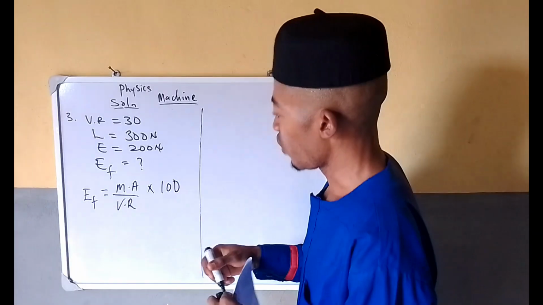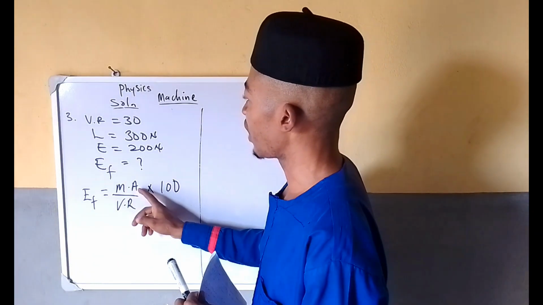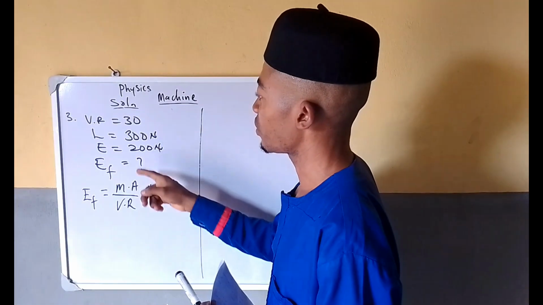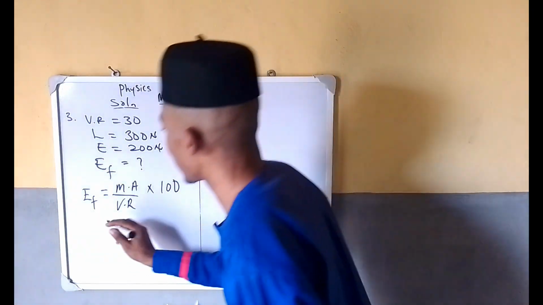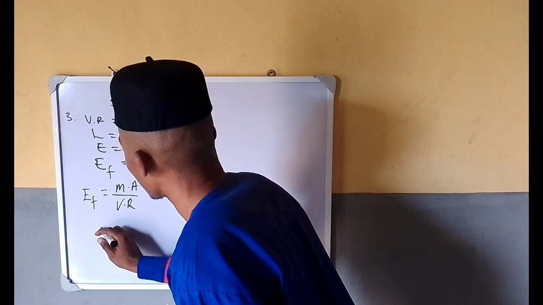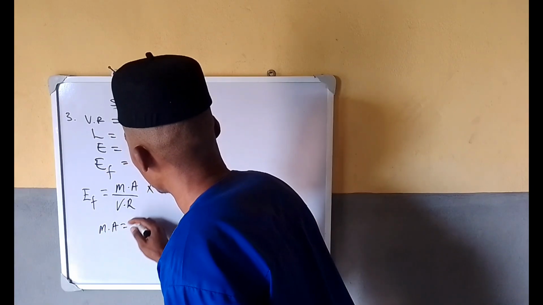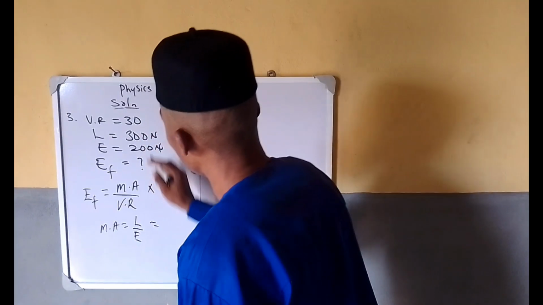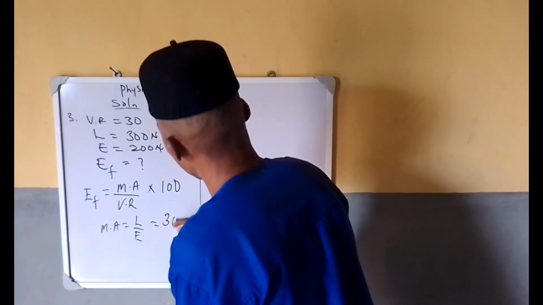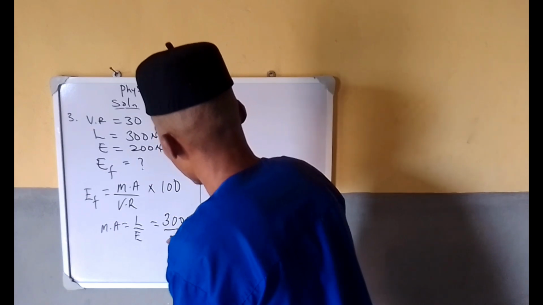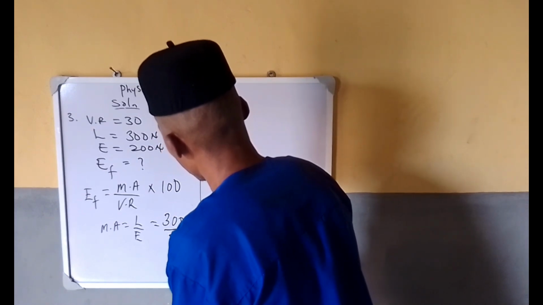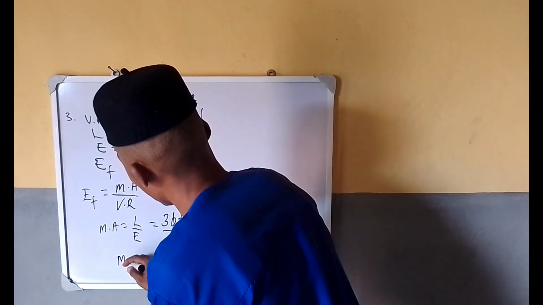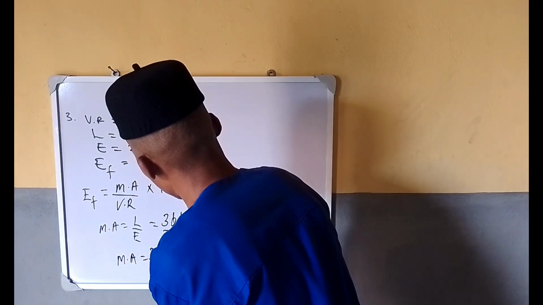Do we have mechanical advantage in the question? No, it was not given directly, but they gave us parameters that can help us to find it, which is L over E. Mechanical advantage is equal to load over effort, which is 300 Newton divided by 200 Newton. So we are left with mechanical advantage of the machine as 3 over 2.